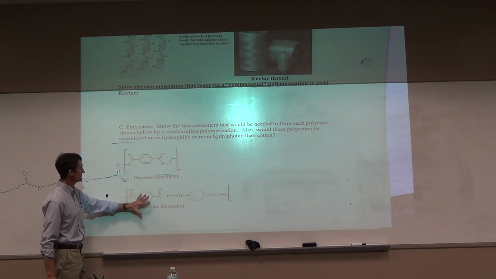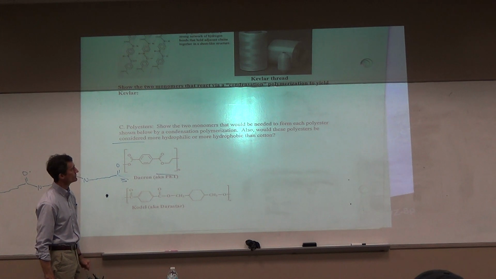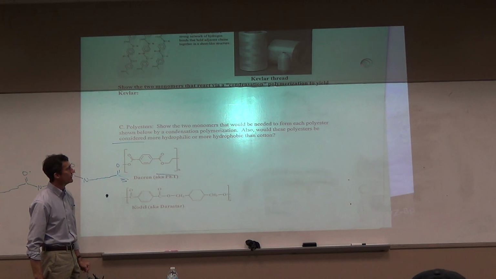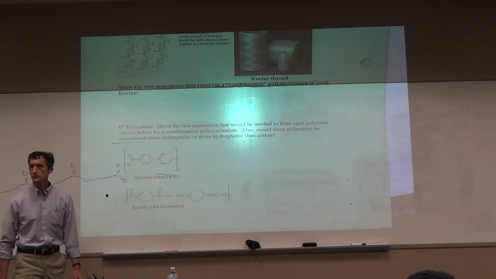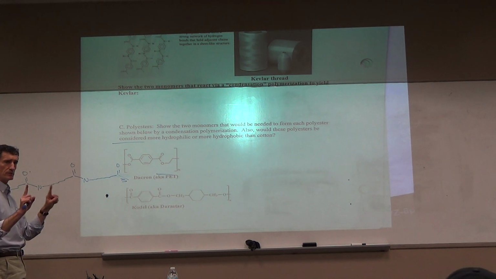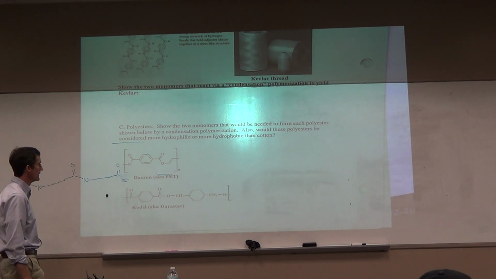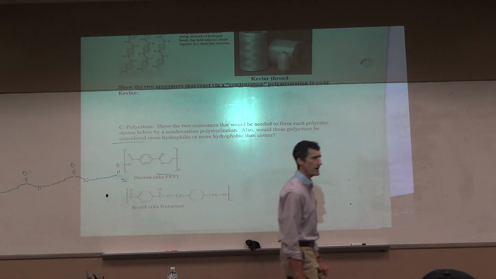Polyesters, different polyesters. Basically, how would you make these polymers? What's the monomers? What are the starting materials? Is it one monomer or is it two different ones coming together, which would be a copolymer, copolymerization? Please look at that. How would you make those polymers?